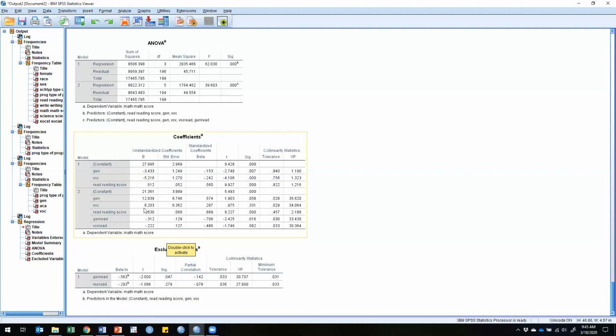And same thing here for the coefficient for reading: it is the estimated math score when reading changes by 1 unit.